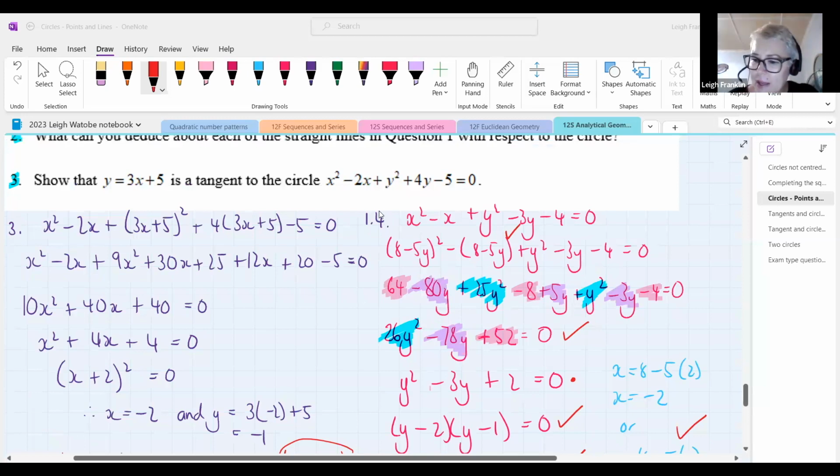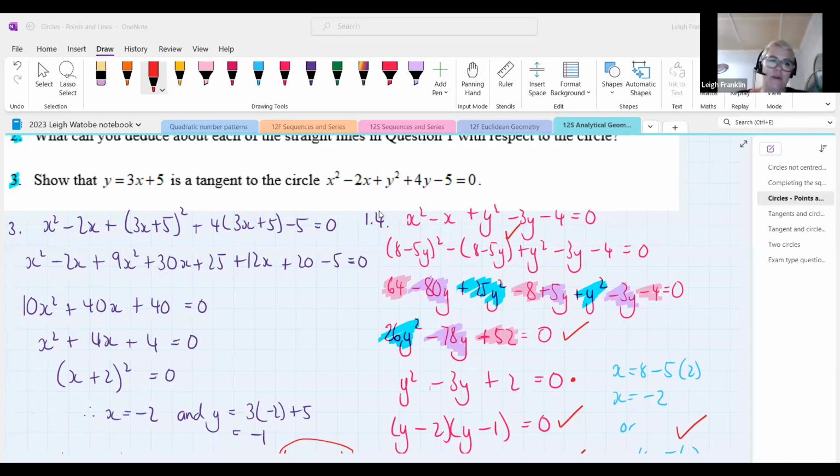Can you ask me that again? What exactly are you asking me? They say show that the line is a tangent to the circle. The line is a tangent to the circle, yes. Do we have to then prove, after finding the center, that the gradient of A and the gradient of B, or the two equations, are equal to -1?